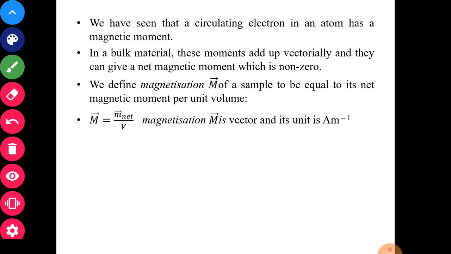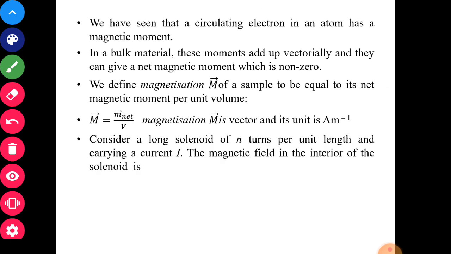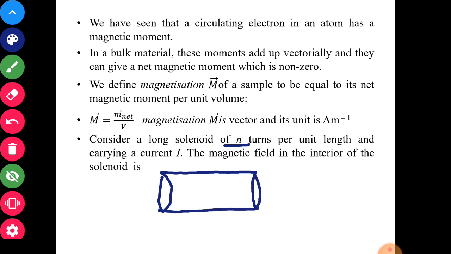Okay. Now consider a very long solenoid of small n turns per unit length. Small n is the number of turns per unit length, and it carries a current I. Now you have this long solenoid. What is a long solenoid? The length is very much larger than the radius of the solenoid, then it is considered to be an infinitely long solenoid.